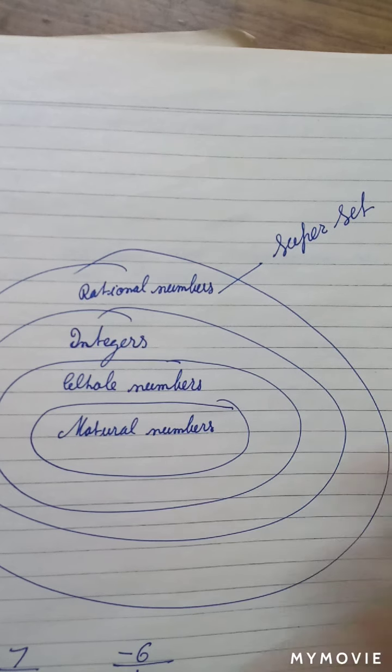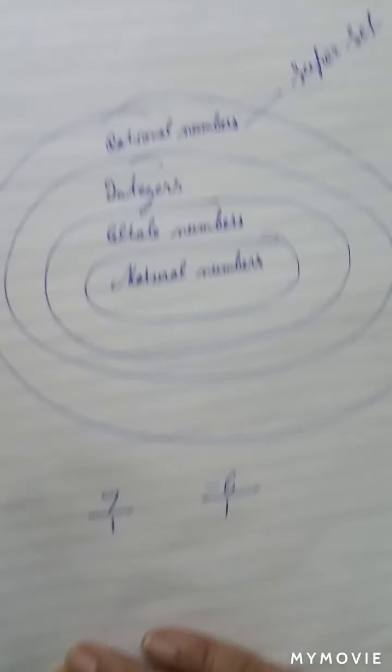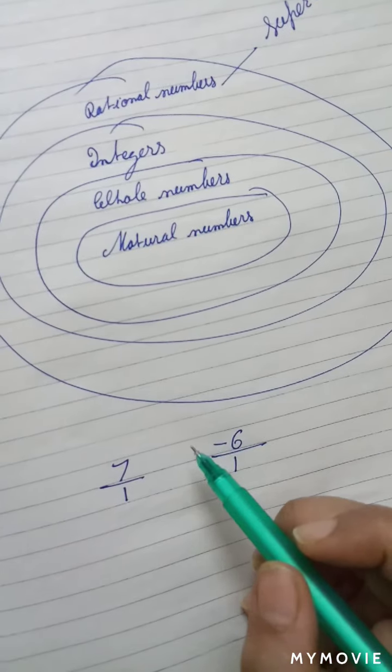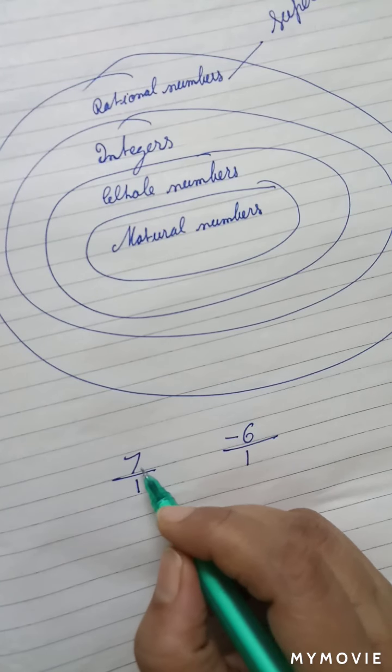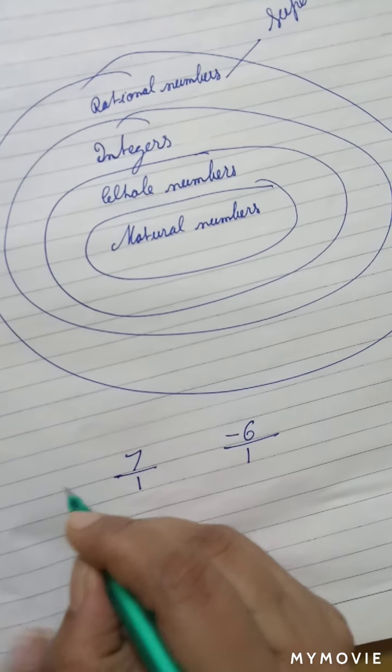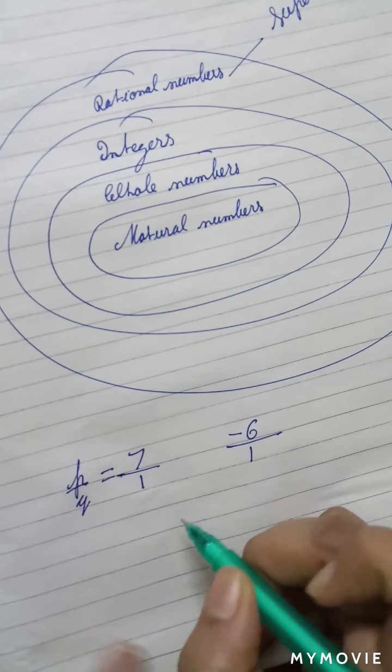So does that mean that we can express natural numbers, whole numbers, and integers in the form of P by Q? Yes, why not? Let's take the example of a whole number 7. We can always express 7 in the form of P by Q, where Q is equal to 1.